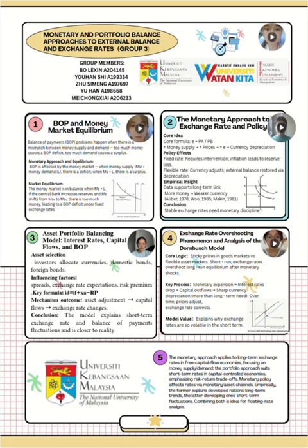The key equation in this model is modified uncovered interest rate parity: ID equals RF plus XA minus RP. Here, ID is the domestic interest rate, RF is the foreign interest rate, XA is the expected change in the exchange rate, and RP is the risk premium.